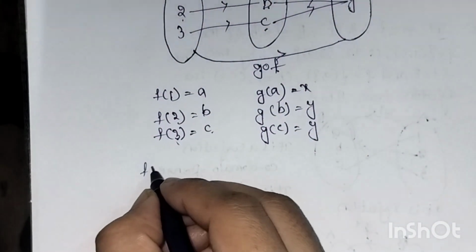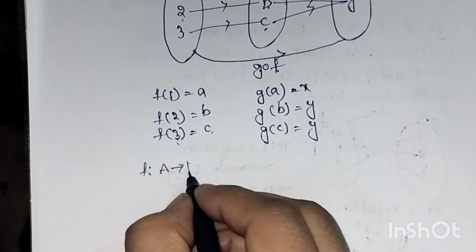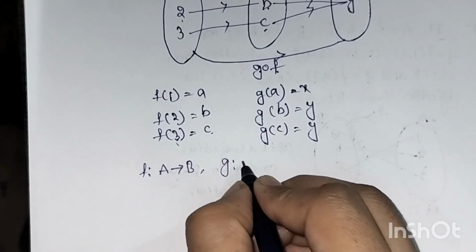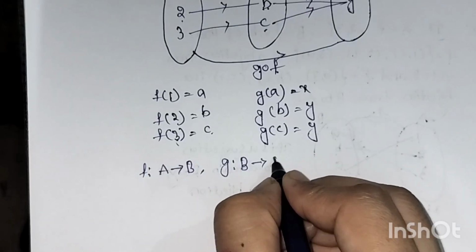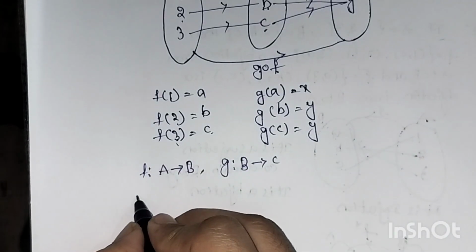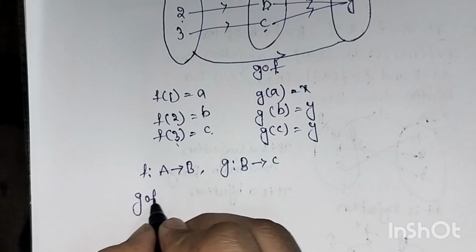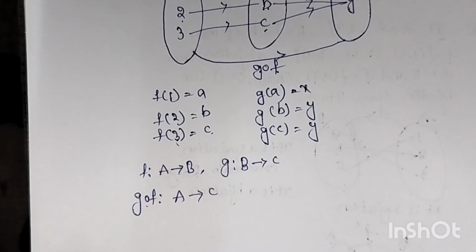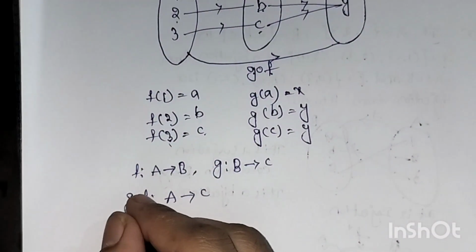This is f maps A to B. This is g maps B to C. Then g circle f maps A to C. Now see.